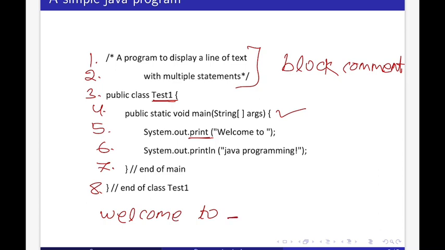The cursor remains in the same line. But if it is println, then the cursor comes to the next line. So now it is print, so the cursor remains here.